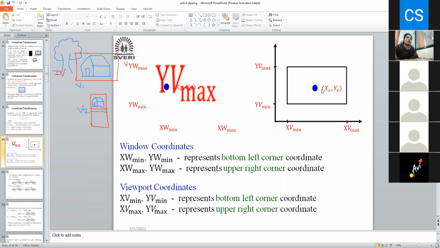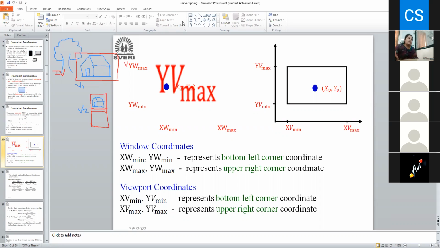So xw, yw should be converted into xv, yv depending upon the formula. It has a formula using the window max y value, window min y value, window x minimum and window x maximum. So it has a total of 4 values: the x parameter of the window minimum and maximum, and the y parameter of the window minimum and maximum.